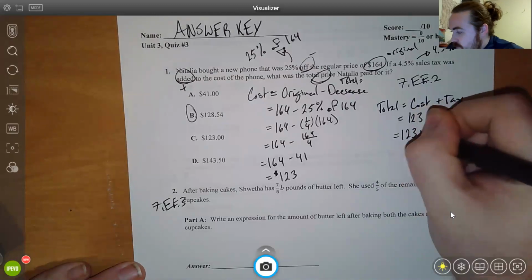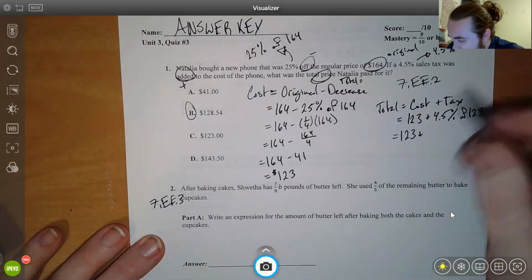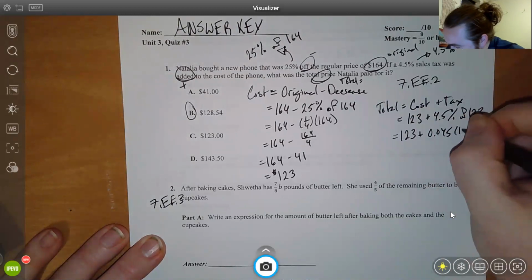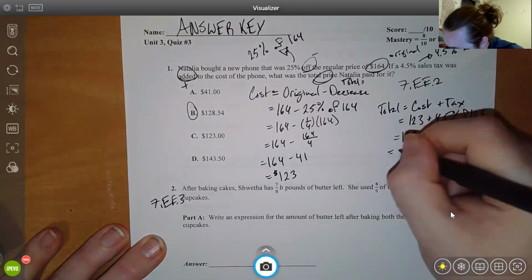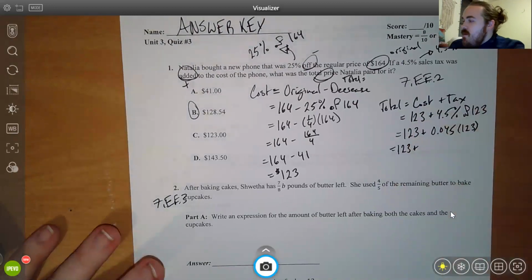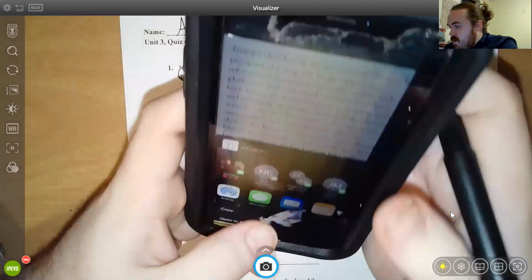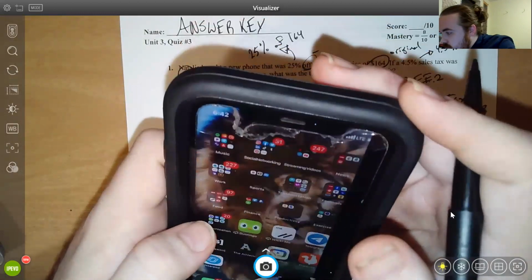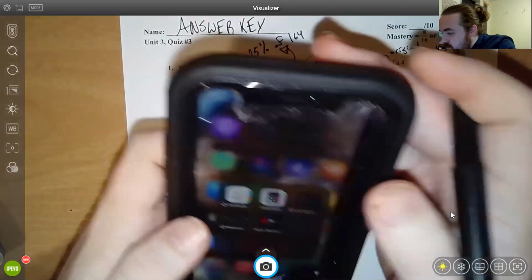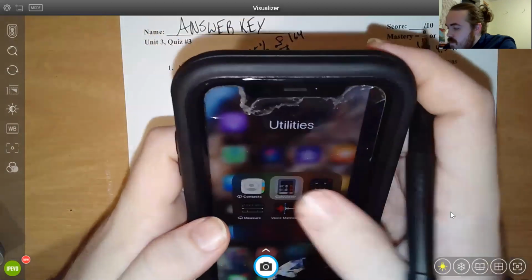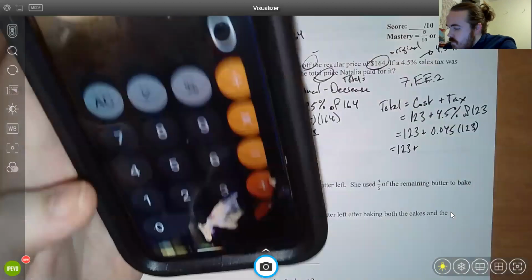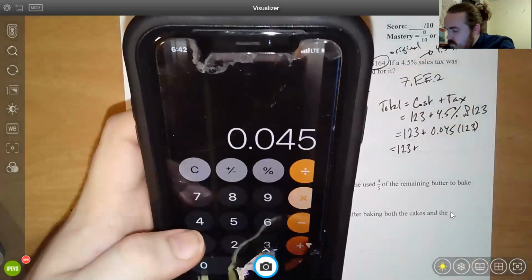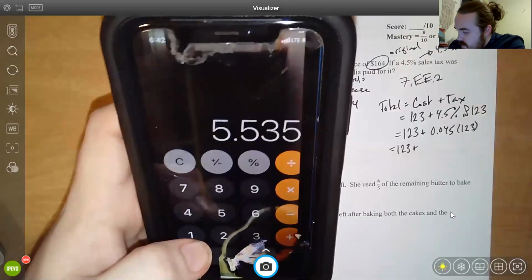123 plus, remember, 4.5% is 0.045. So that's 123 plus, let me get my trusty calculator, 0.045 times 123.